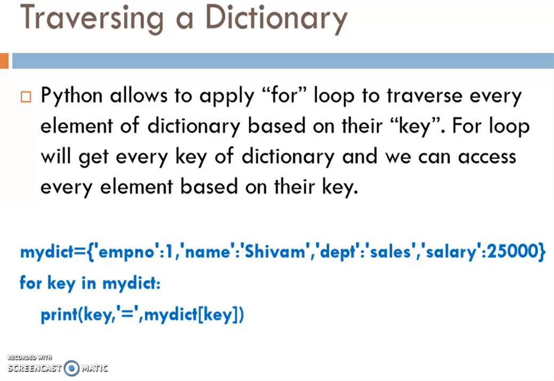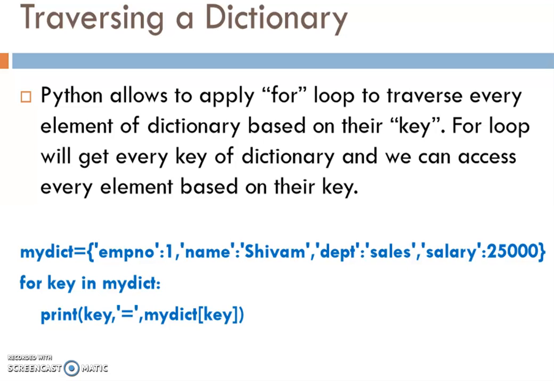See here my dict is equal to emp number, name, department and salary 25,000. To traverse through this dictionary, we can use one for loop: for key in my dict, print the key is equal to my dict of key.